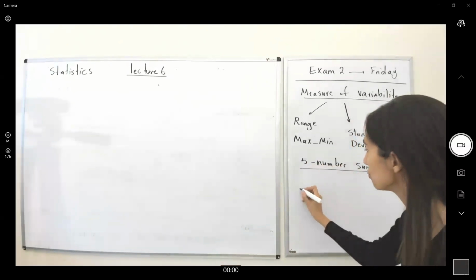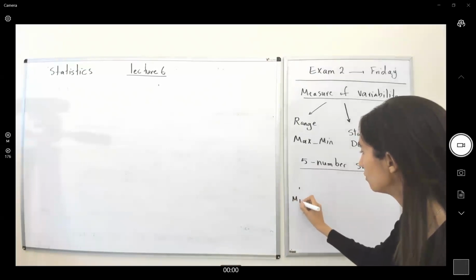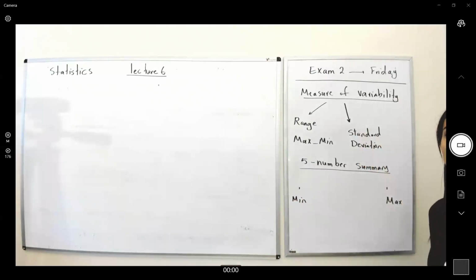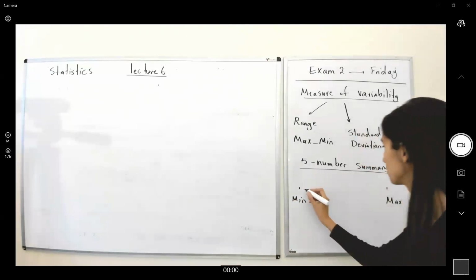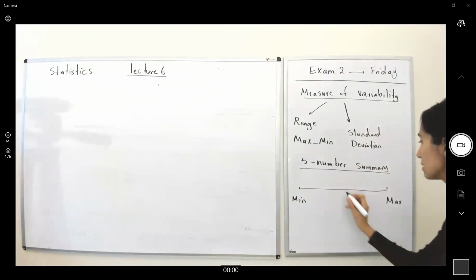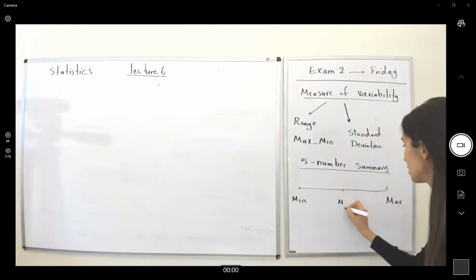So what you're going to do, you're going to find the minimum value, you're going to find the maximum value, then you're going to find the median of the collection, the middle number. So far we have minimum, maximum, then we have the median.